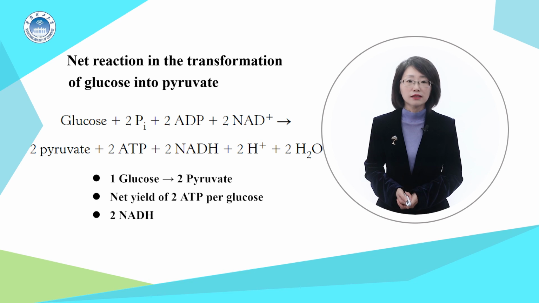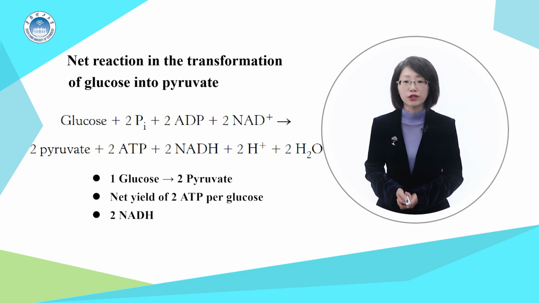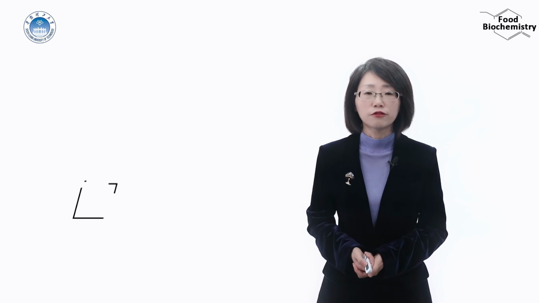Glucose is oxidized to the extent that 2 NAD+ are reduced to 2 NADH, and NADH will be reoxidized for glycolysis to continue. Okay, that's all of glycolysis.